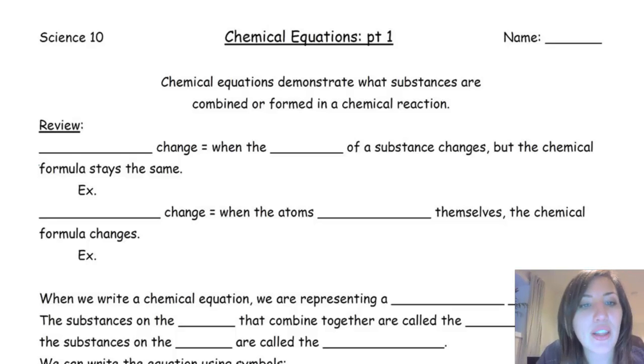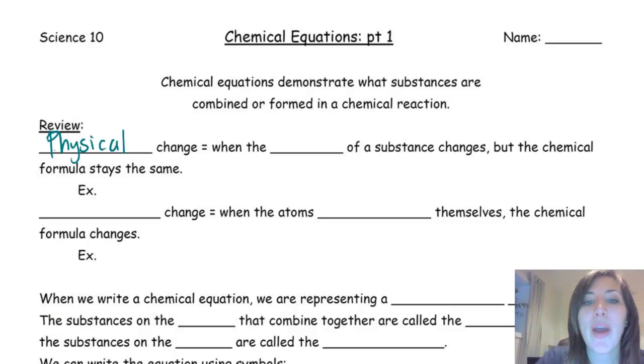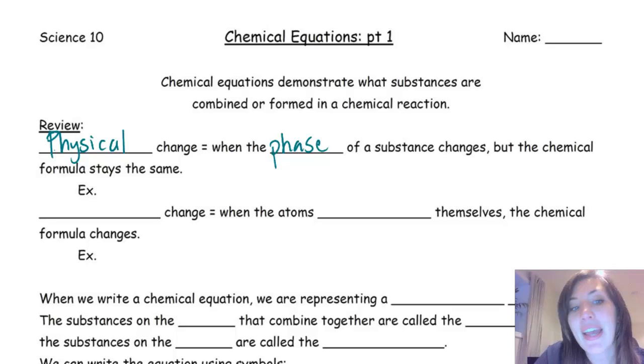So you already learned the difference between physical changes and chemical changes. So a physical change is one when the phase of the substance changes, but the chemical formula stays the same.